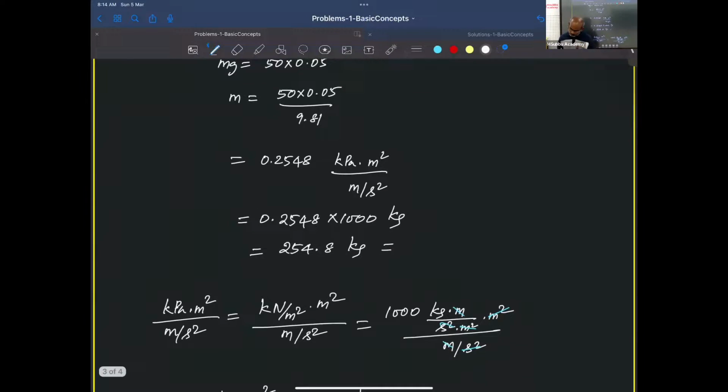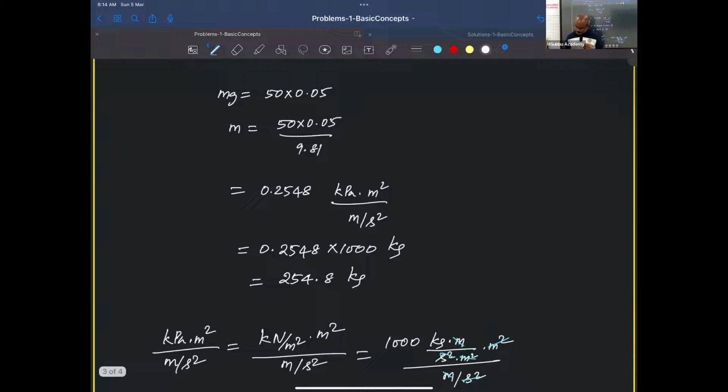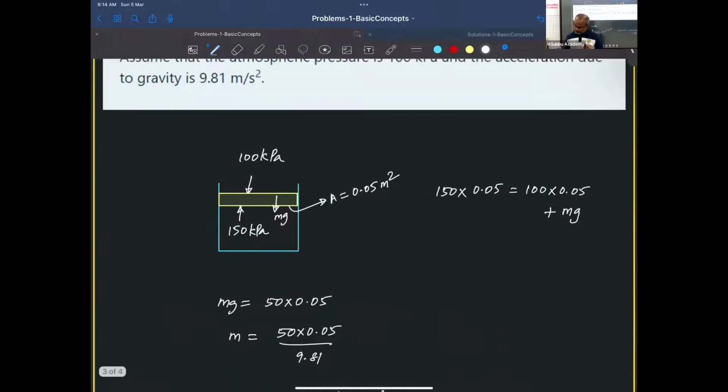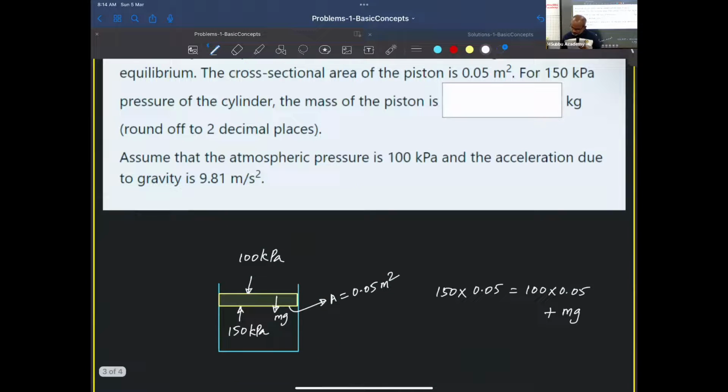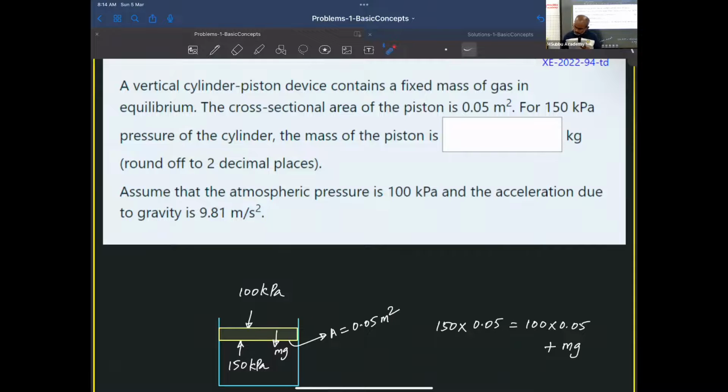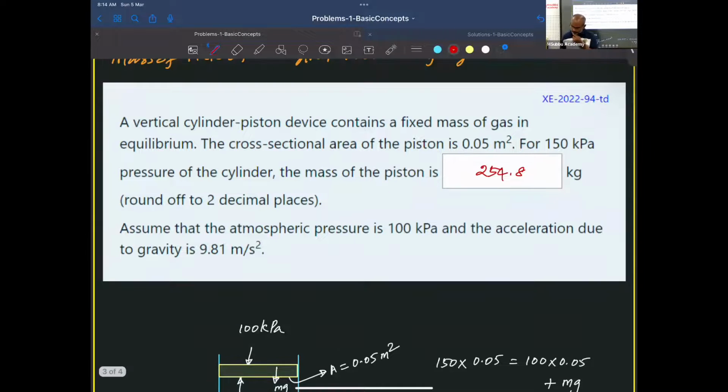Of course, the acceptable answer is 254.55, I suppose. Maybe I'm not having the correct thing. So the answer is 255 kg, or 254.8 kg. Fine, to be correct.